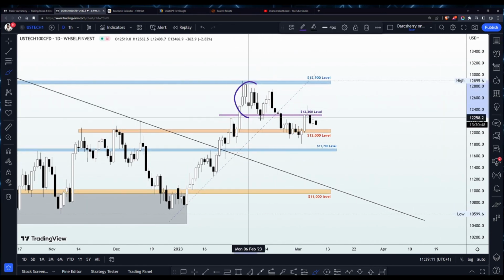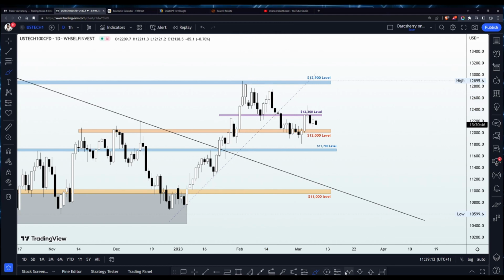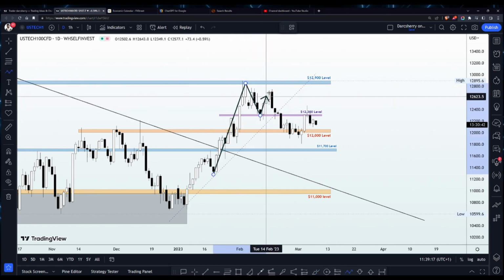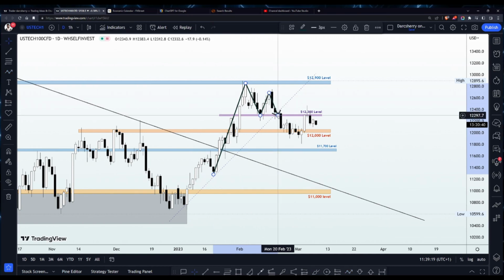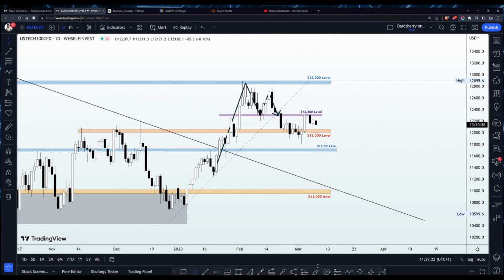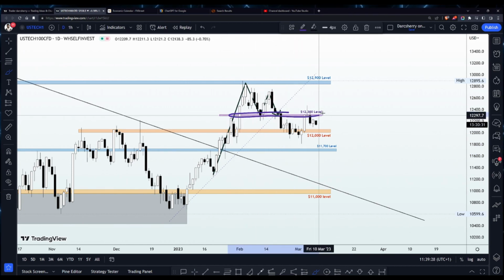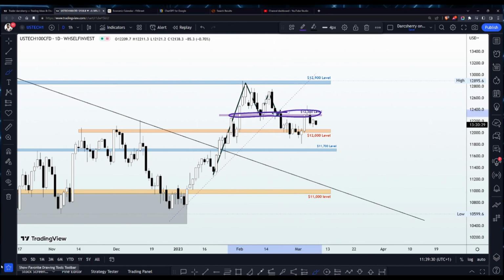We saw a beautiful reversal pattern in the form of a double top structure, and this is what we saw here. For this reversal pattern to mature, we need to identify a neckline where price action must be able to break down and retest that structure to give us a confirmation of a sell-off in this market.